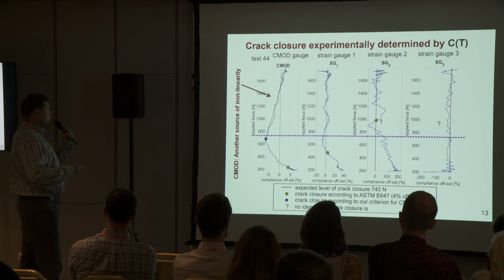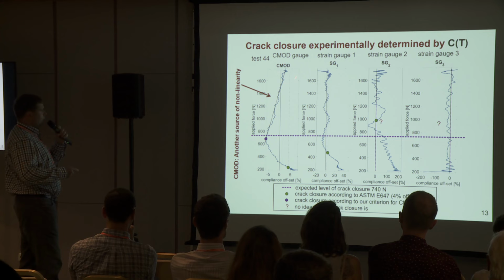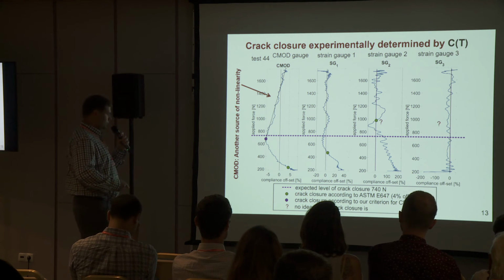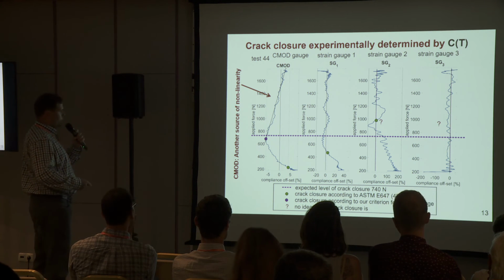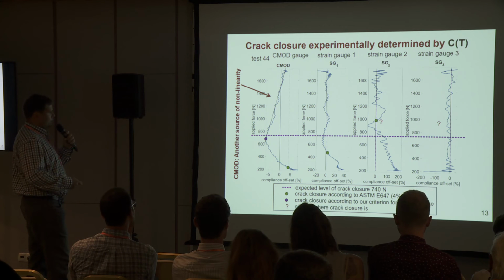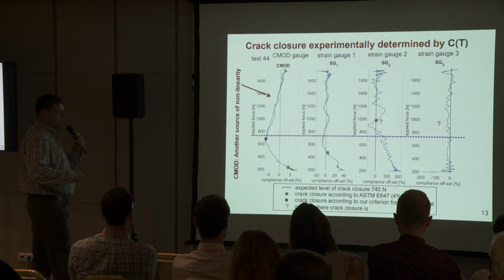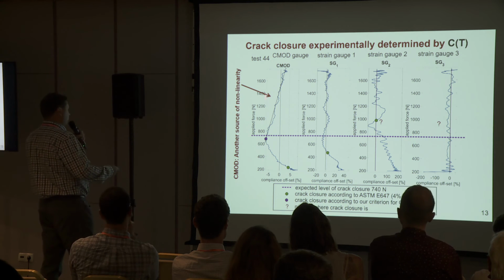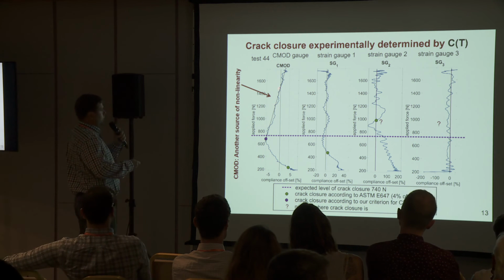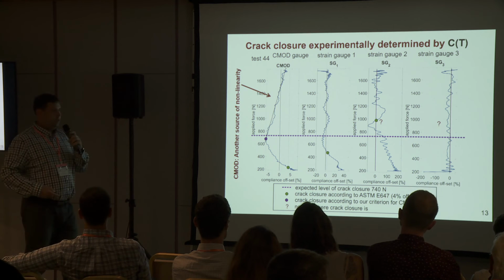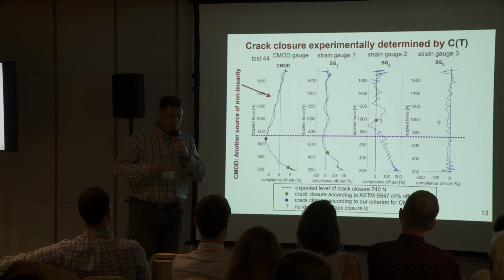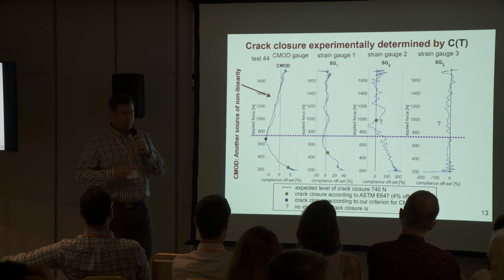If we look at the crack mouth opening displacement gauge data and use the standard ASTM criterion, you will see that relative to the expected level, the crack closure is underestimated. But if we look at this compliance data from a new view, there could be another source of nonlinearity besides crack closure.